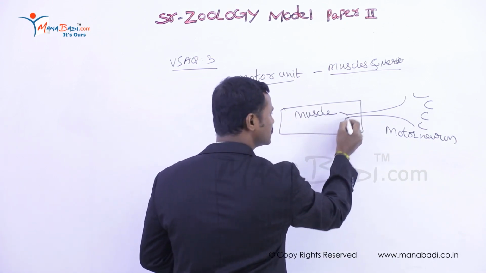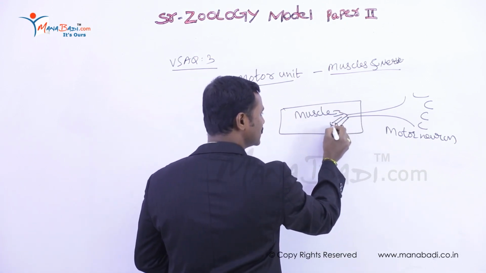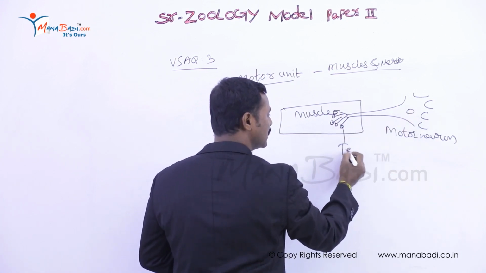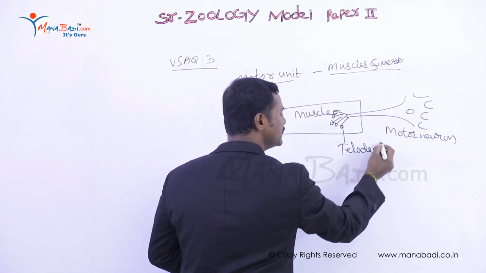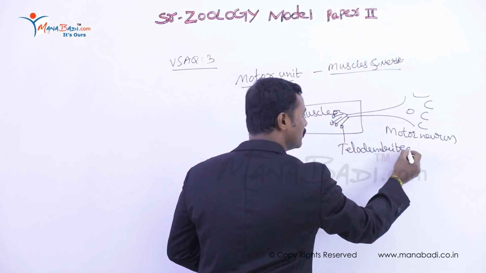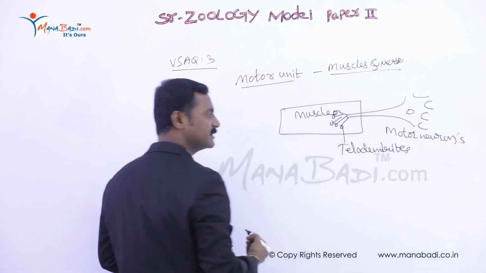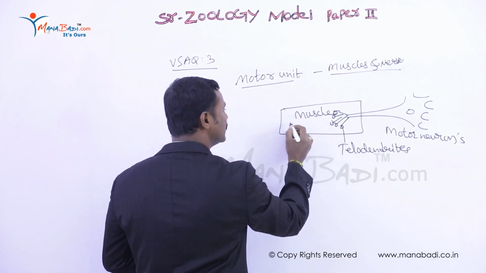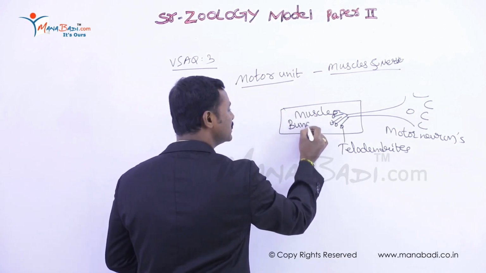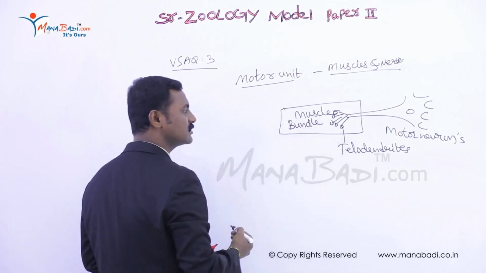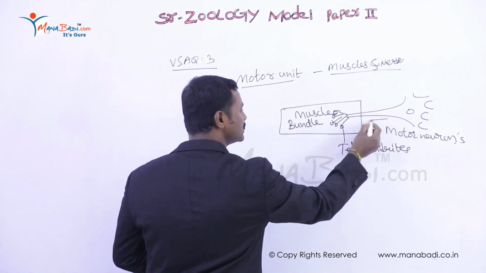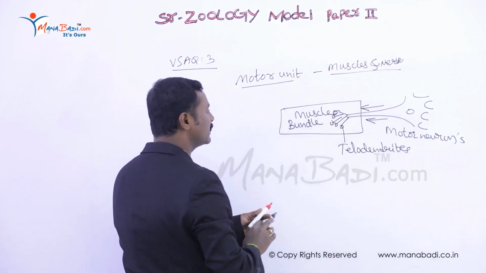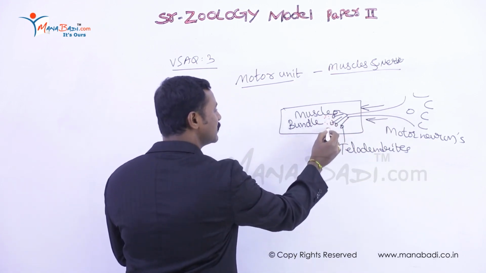What are these? Telodendrites. You see in this diagram, the motor neuron and the telodendrites are innervated into the muscular bundle. So whatever messages are coming through the motor neuron are given to the particular muscle.